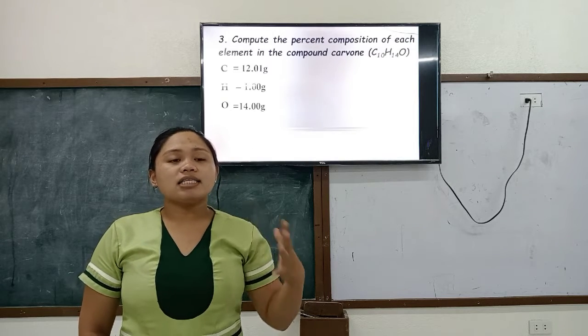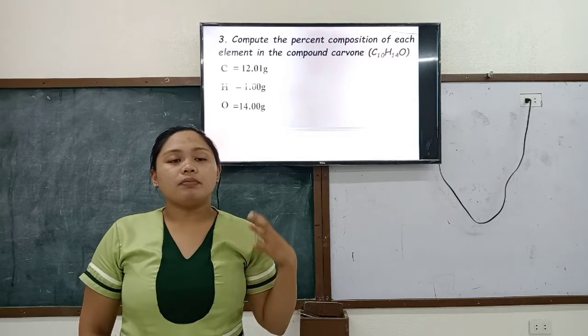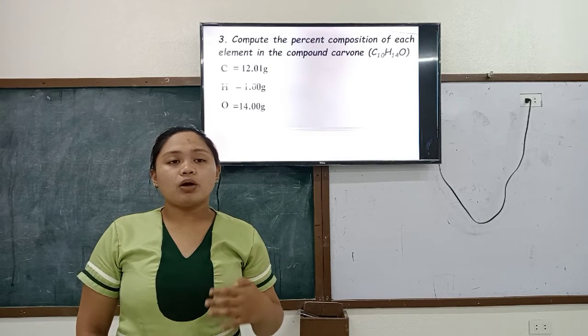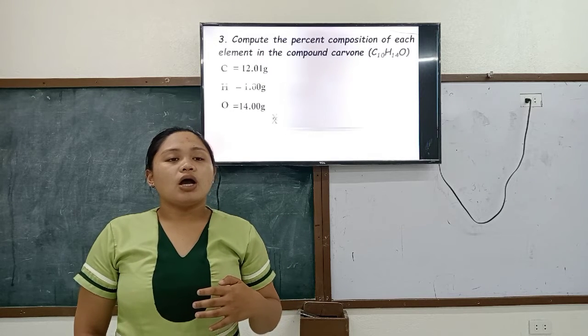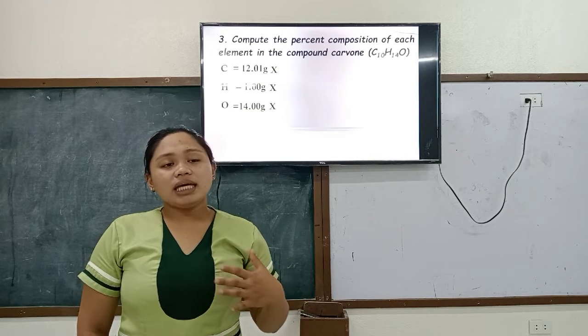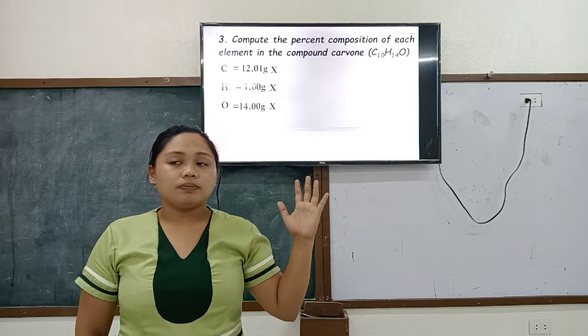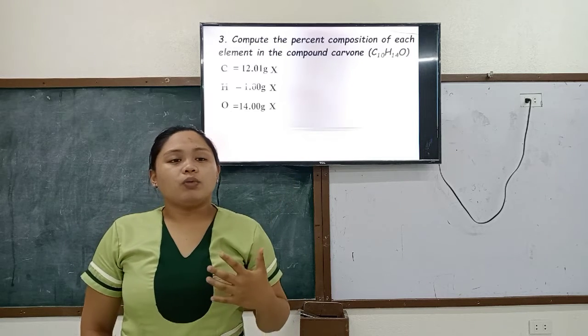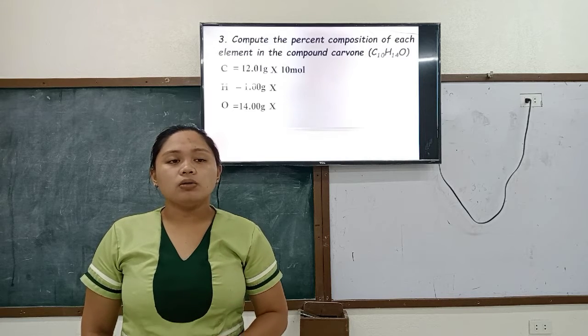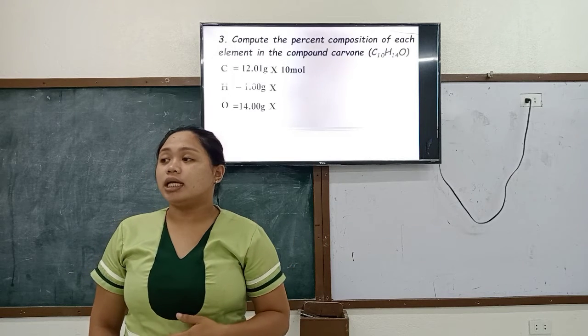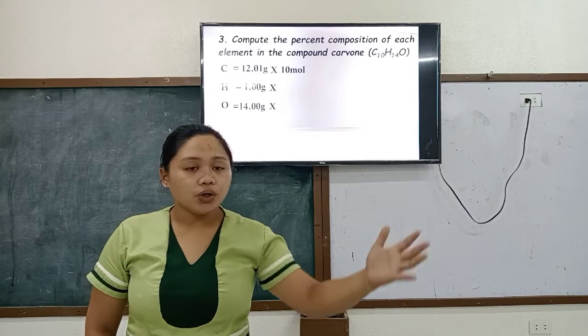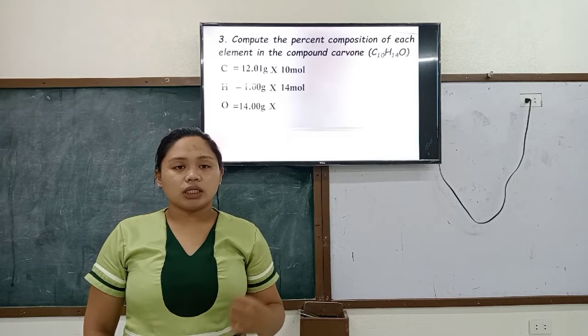So, let us multiply them based on their number of moles. So, what is the number of moles of carbon? Anyone? Correct, which is 10 moles. Now, how about for hydrogen? Very good, which is 14 moles.